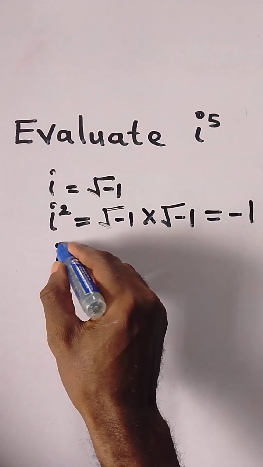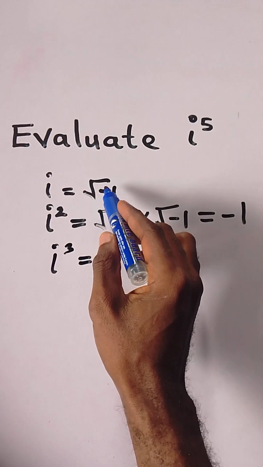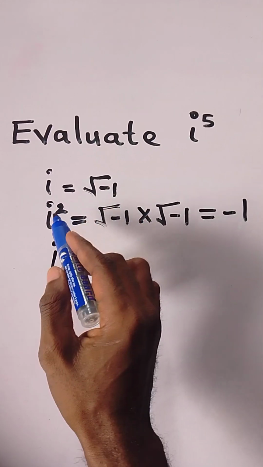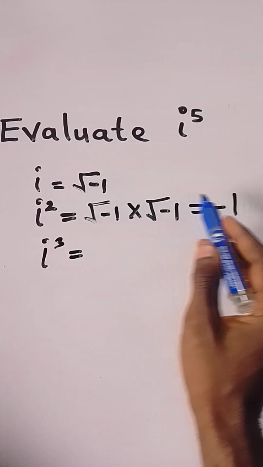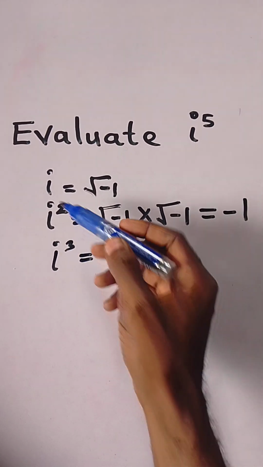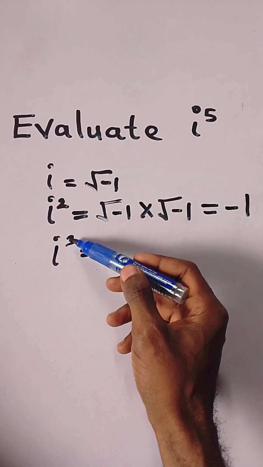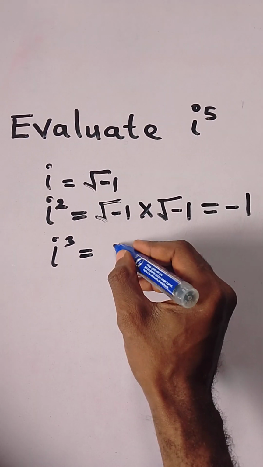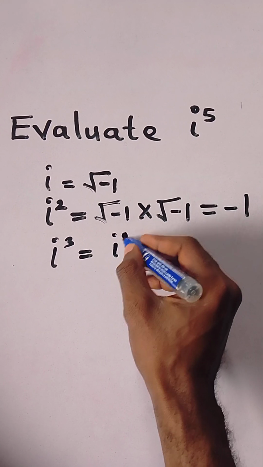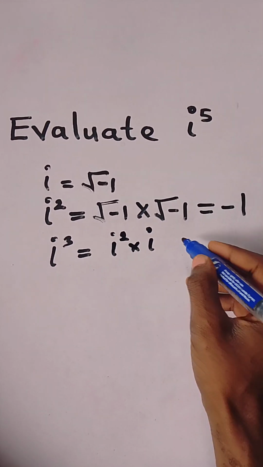Now, i raised to power 3. i is the square root of -1, and i raised to power 2 is -1. If we combine i and i raised to power 2, that will give us i raised to power 3. So this can be written as i raised to power 2 times i.